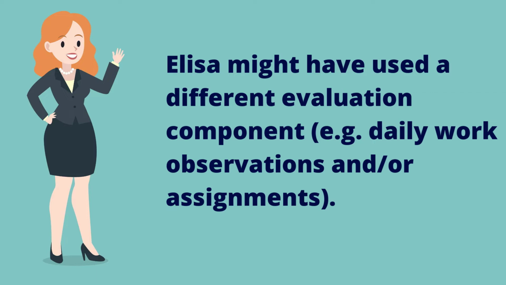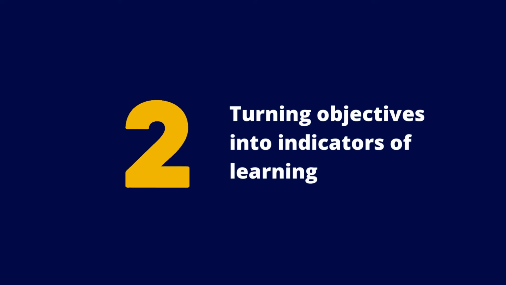But Elisa must not eliminate objectives from her lessons because she is expected to complete the annual plan. Now Colin moves on to explain Step 2, turning objectives into indicators of learning.